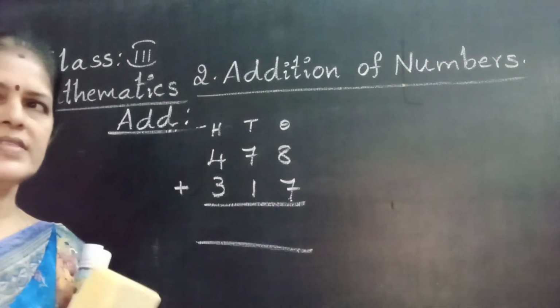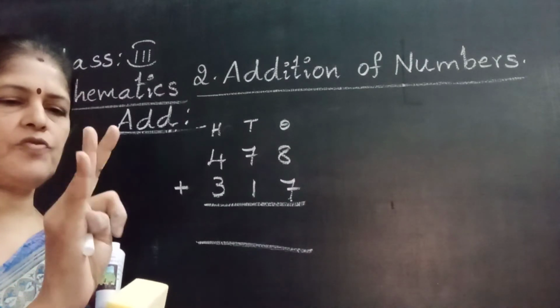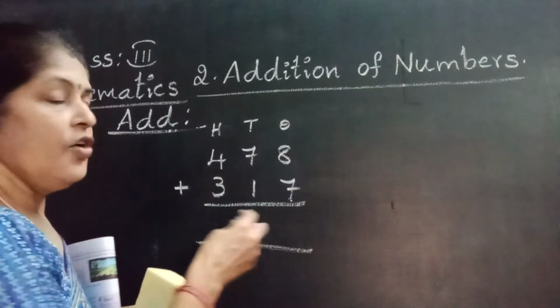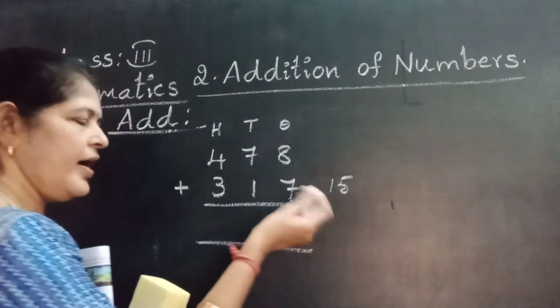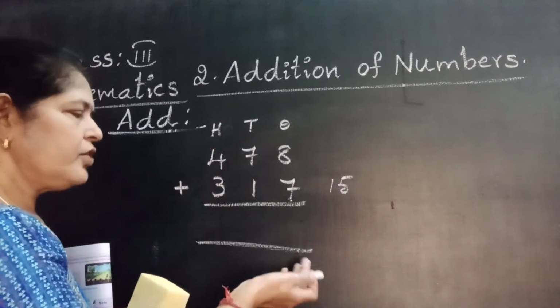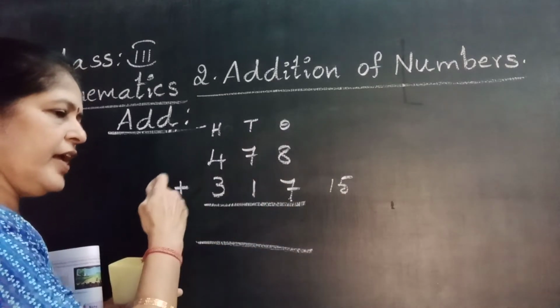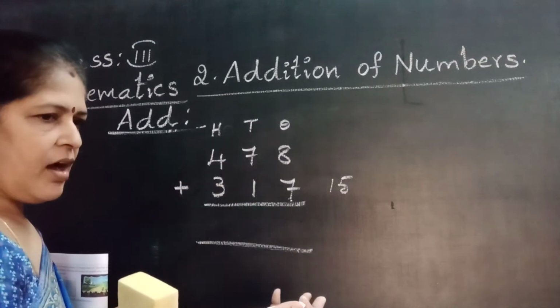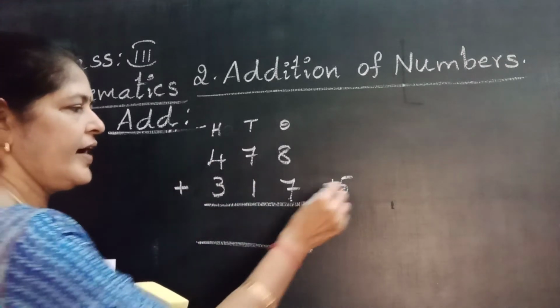Take 8 fingers. 7 after 8, 9, 10, 11, 12, 13, 14, 15. We get a 2-digit number. Split the number on the right side, write the ones place number and carry forward. After adding the ones place number, we do carry forward. That is called, yes, with regrouping, carrying addition.